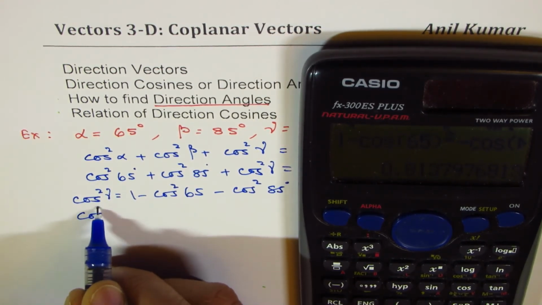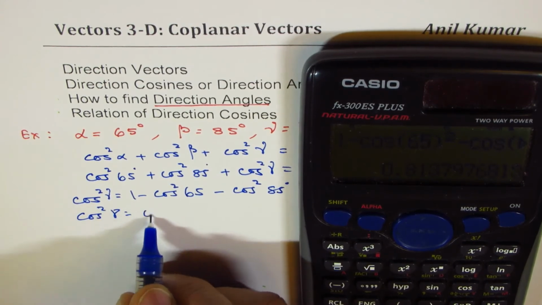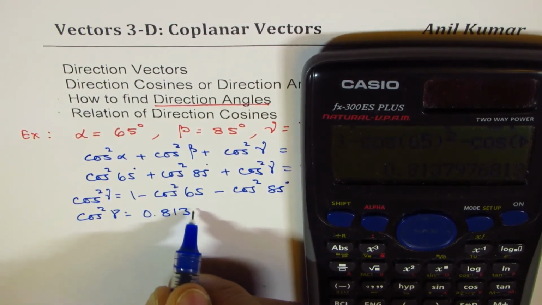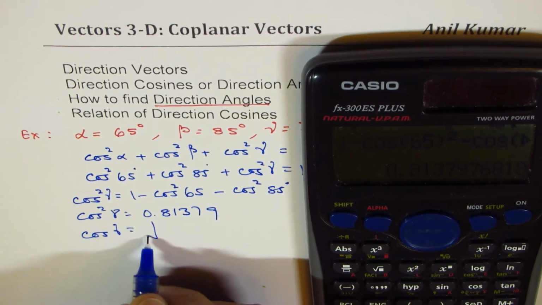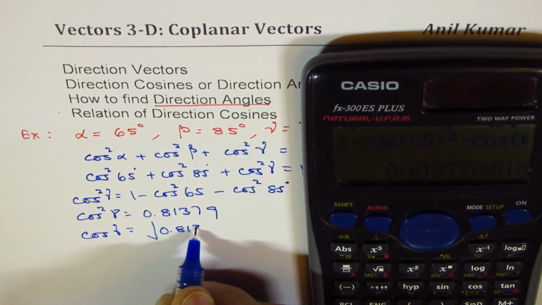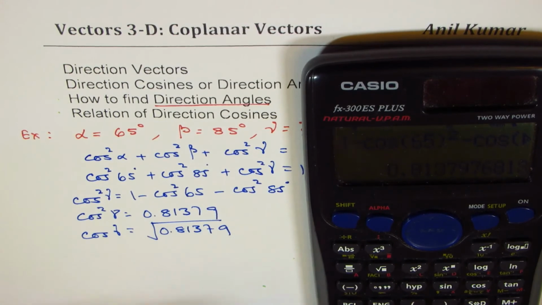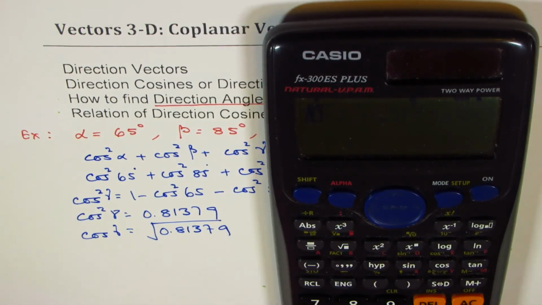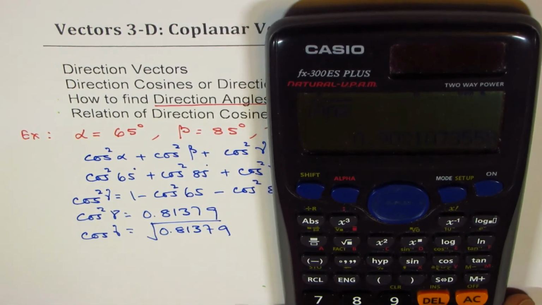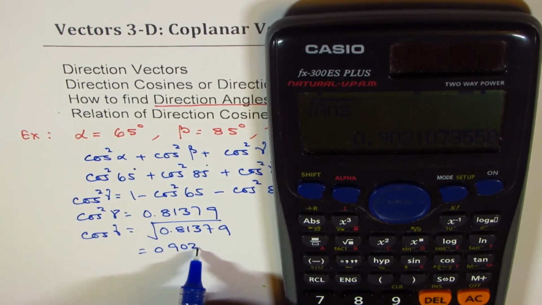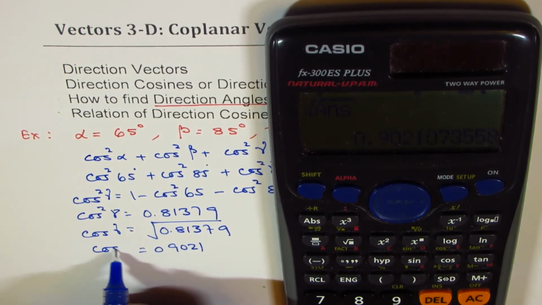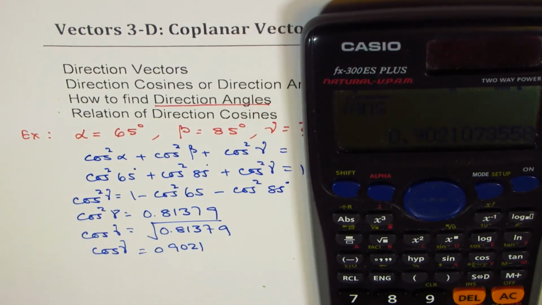So we get cos square gamma is equal to 0.81379. So what is cos gamma equal to? That is the square root of 0.81379. Let's find the square root of this answer, which is 0.9021. So we get cos gamma as 0.9021.